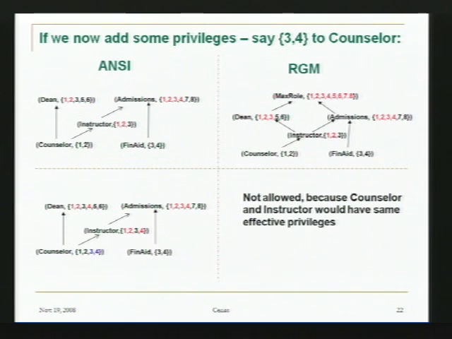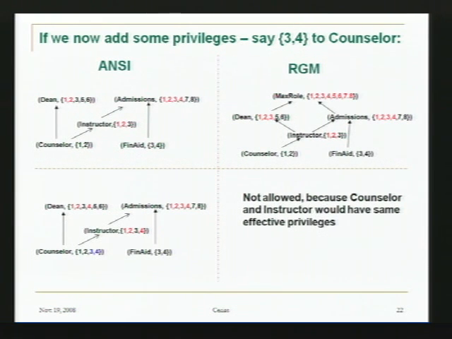Okay, so just again then to show what can happen with only two operations. If we take this top left ANSI diagram and add permissions 3 and 4 to the counselor role, we see they get propagated up the graph and nothing too exciting happens. On the role graph model side, we can't do that because the counselor role ends up with the same effective privileges as the instructor role, and we'd be obliged to draw a cycle.